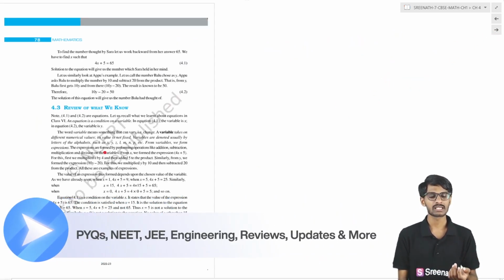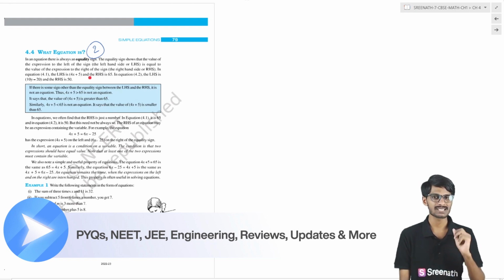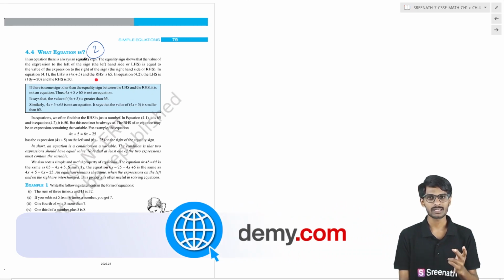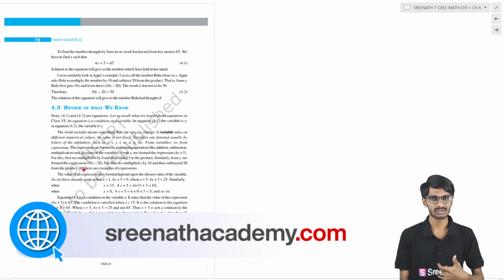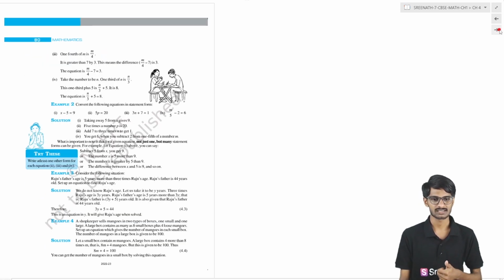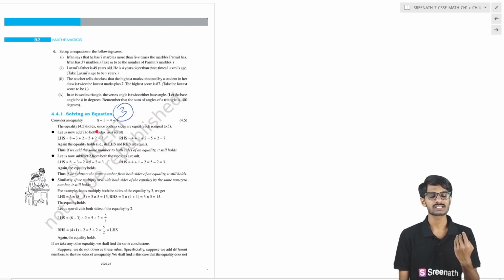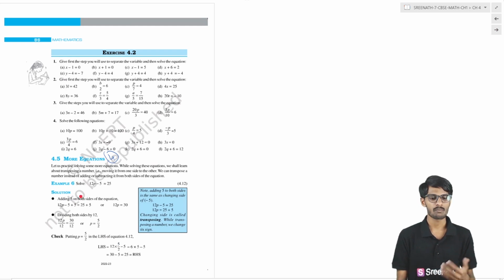And next there is a review of what you have learned in your lower classes, so we are going to cover it in the second topic. So what is the second topic? First topic is the setting up of an equation, and second topic is what an equation is. What we call an equation, we are going to revise this also in the second topic, students. Third topic is solving an equation, how we will solve an equation, and fourth topic is some more equations.